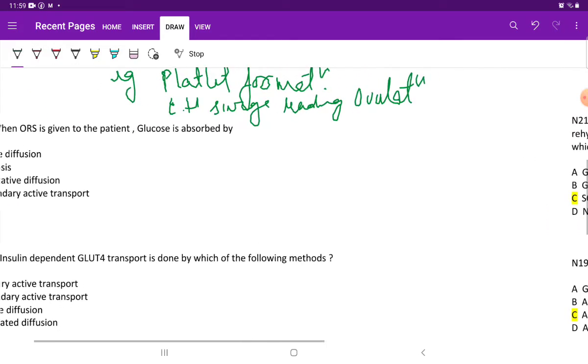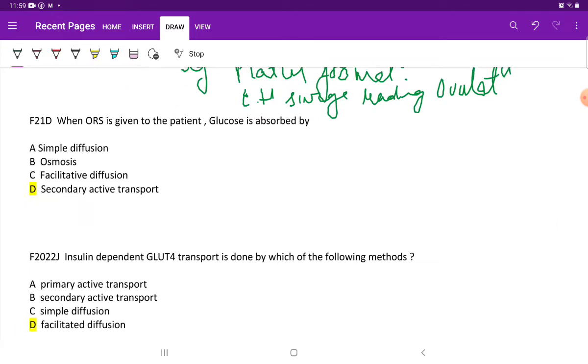Then the next question was asked in the 2021 December FMGE examination. When ORS is given to the patient, glucose is absorbed by?